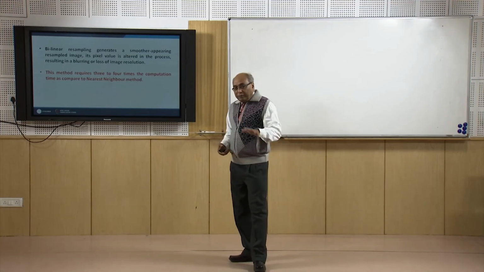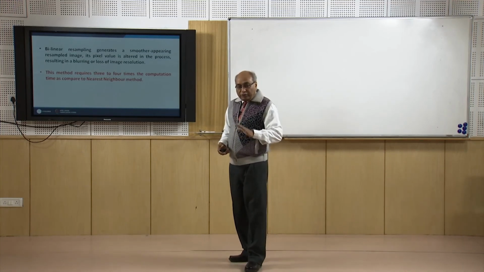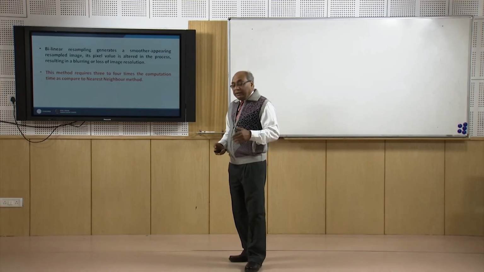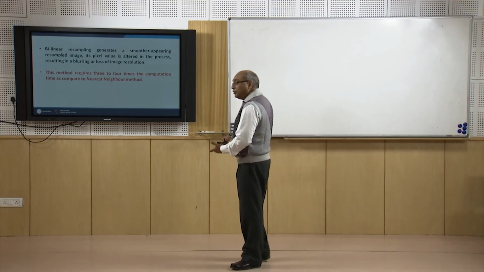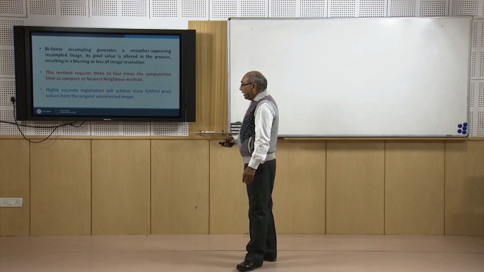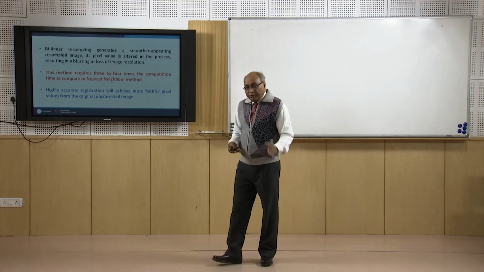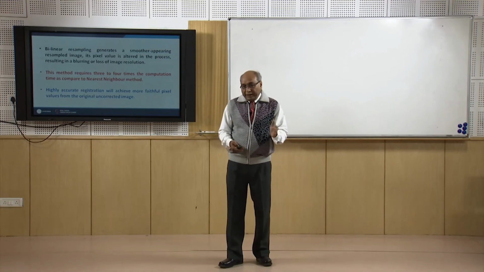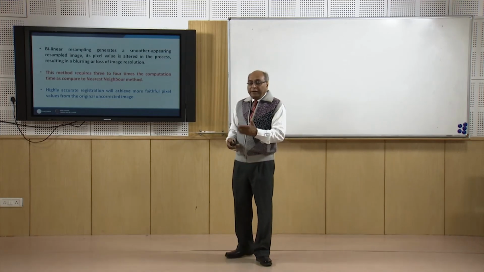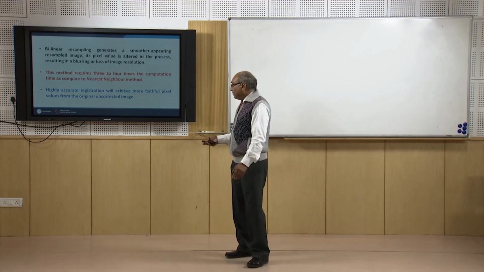But here a weighted average has to be calculated using 4 pixels, and therefore computation time is going to be 4 times. Highly accurate registration will achieve more faithful pixel values. So if your first step is very accurate, then you will achieve better results in the last step.